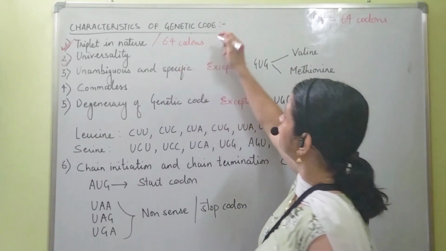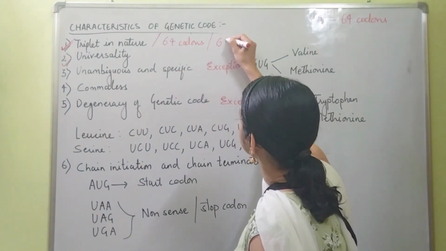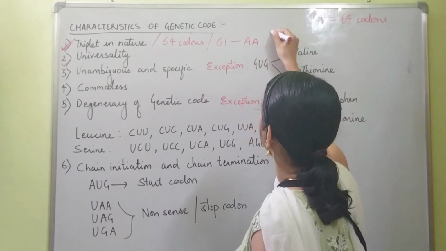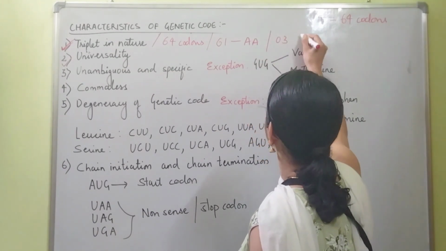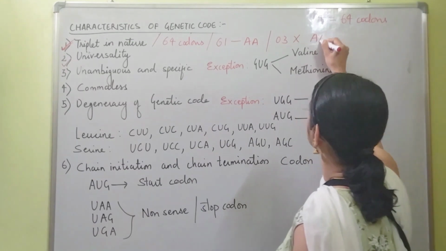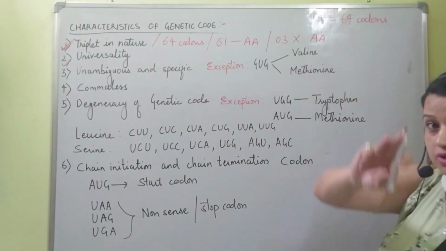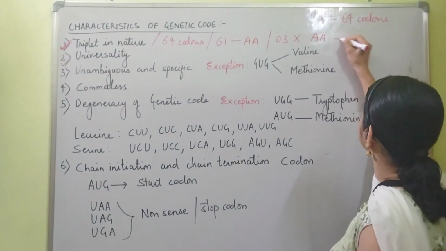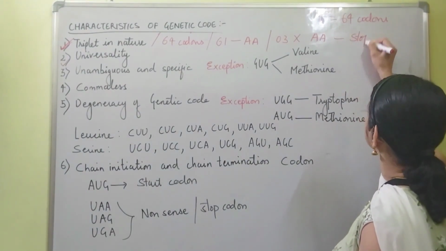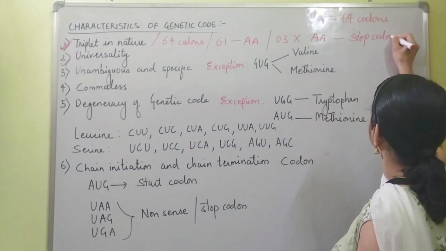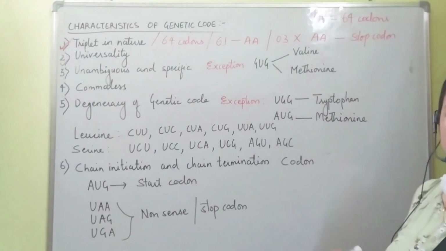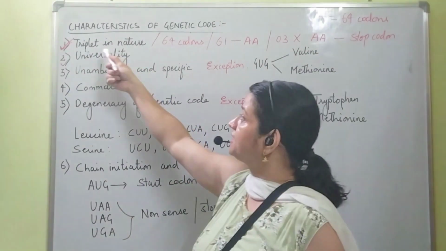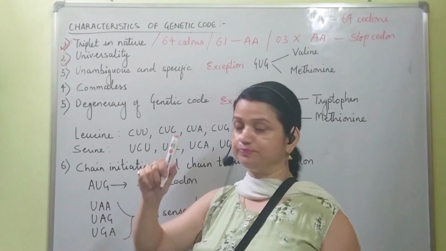Out of these 64 codons, only 61 code for amino acids and 3 codons do not code for any amino acid. Those 3 codons are known as stop codons. These are also known as nonsense codons. So the very first characteristic is that the genetic code is triplet in nature.